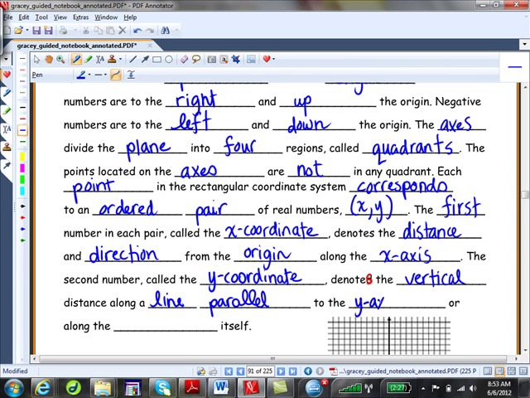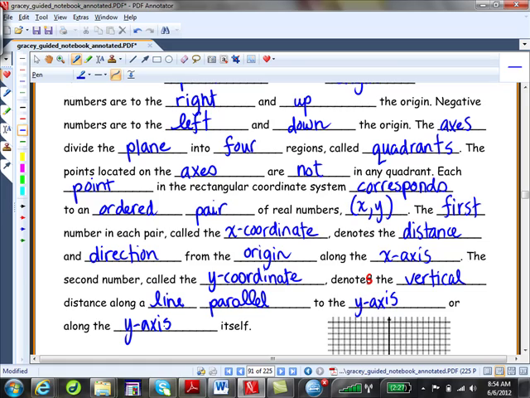Because if you moved right or left for the x-coordinate, you're not going to be right on the y-axis, but you'll be on some line parallel to the y-axis. Or it could be along the y-axis itself. It just depends on the movement of the x-coordinate.